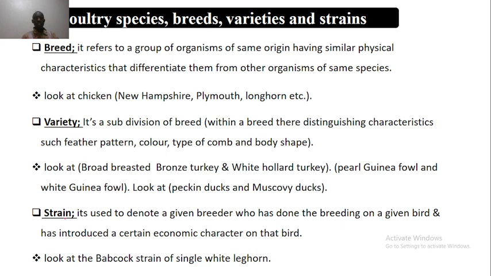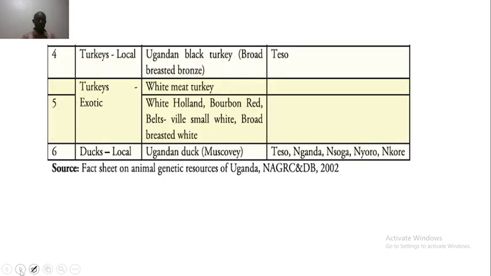A strain is where a breeder has done some improvement on a specific or given bird, especially for a certain reason, like maybe an economic character. We can look at what we call a Babcock strain. That is one of the strains we have in poultry.